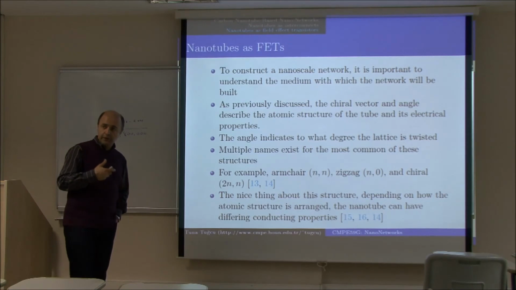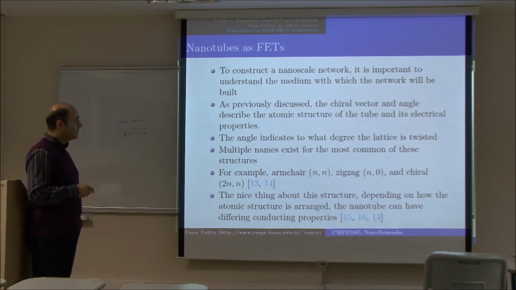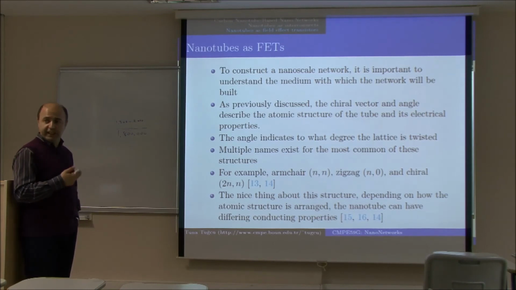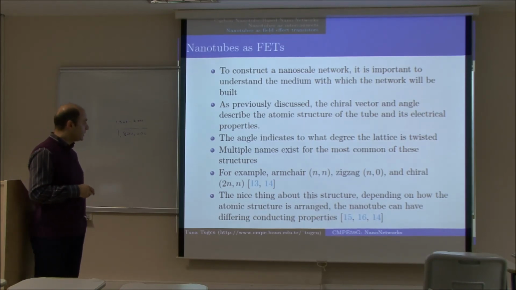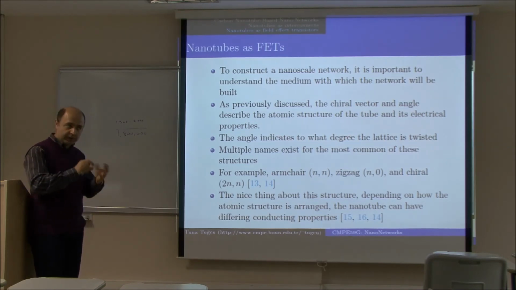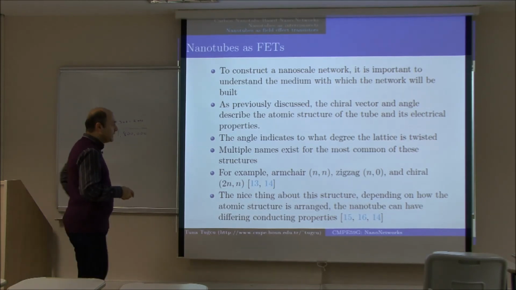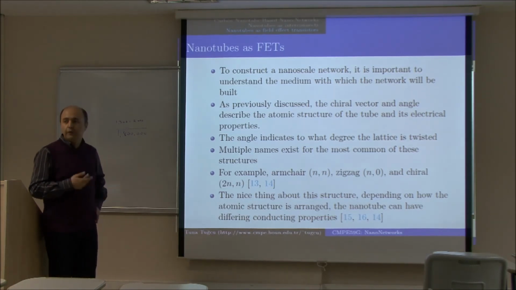In the case of field effect transistors, the important thing is the electrical conductivity. The angle indicates to what degree the lattice is twisted, how you roll it, in other words. And there are different names depending on how you roll it.